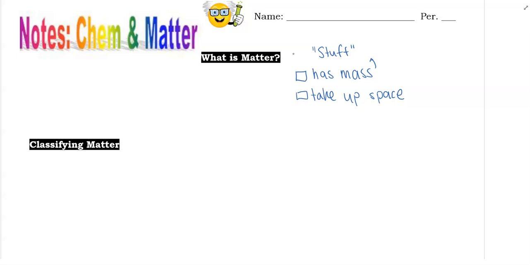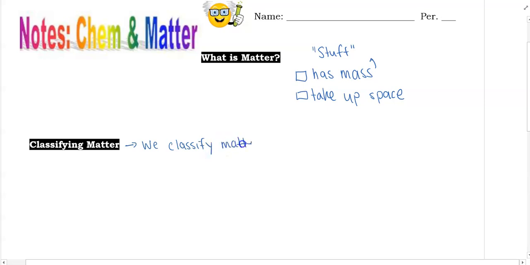So this is where the idea of classification comes in. The reason why classifying matter is important is because we classify matter based on common properties, and when we do that, that's important.